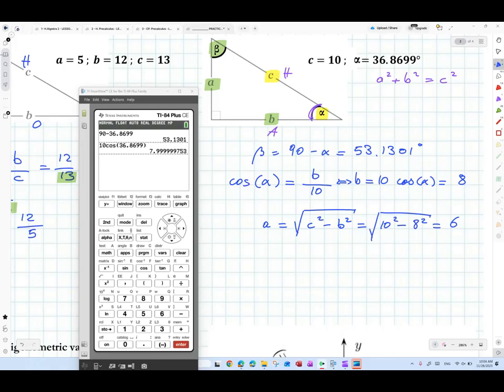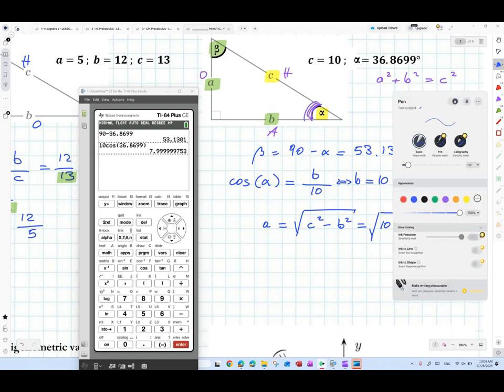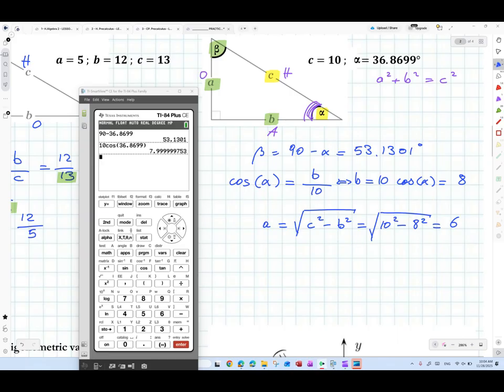But I can very well keep using the trigonometric ratios. In that case, I'm going to use sine of alpha. Sine of alpha, since a is the opposite with regard to alpha, sine of alpha will be a divided by the hypotenuse c, which is still 10, which means that a will be equal to 10 times the sine of alpha.